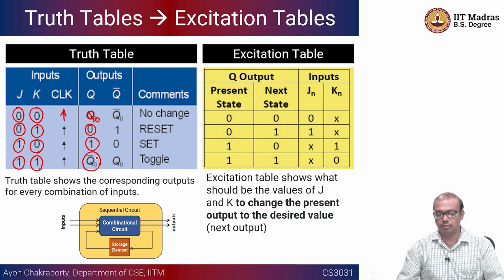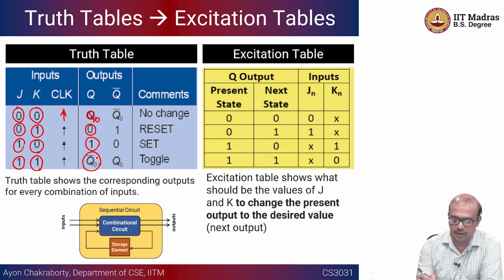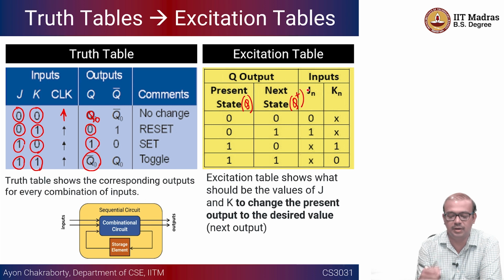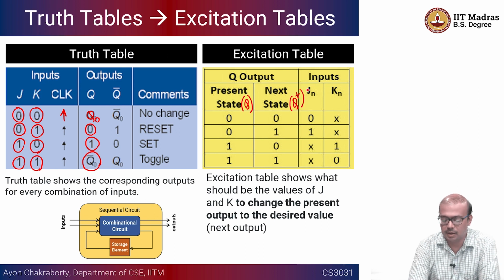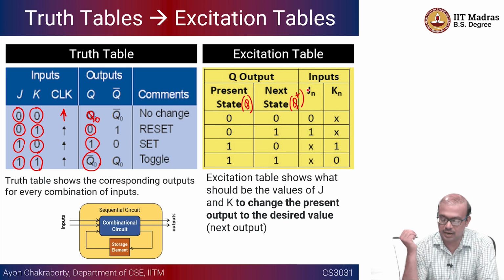Okay, so let us see here. You have the outputs, and the output Q has two things. One is called the present state, which is typically referred to as Q, and then there is a next state, which is referred to as Q plus or Q(t+1) or whatever. That is the future state or the next state.